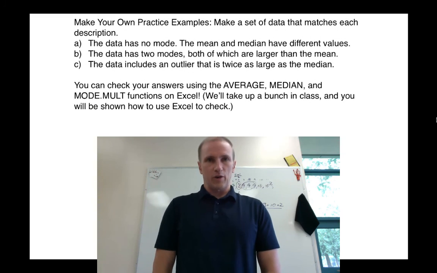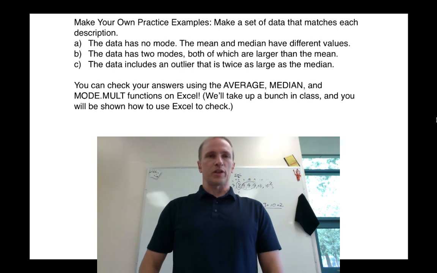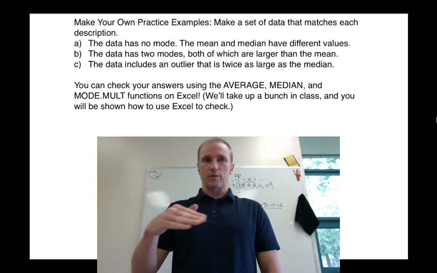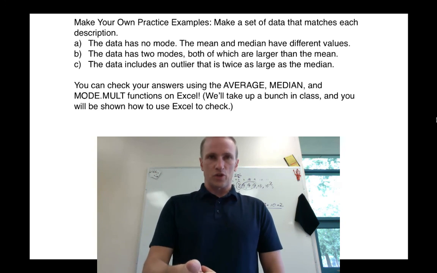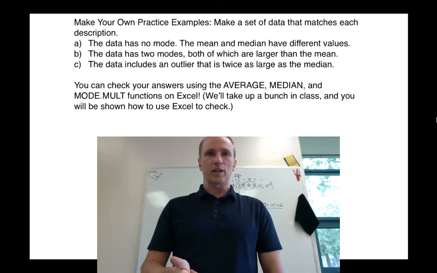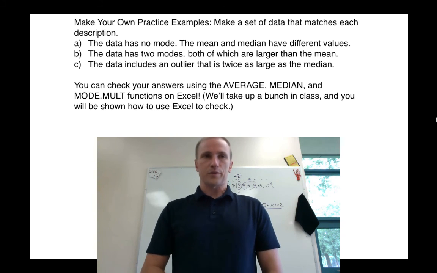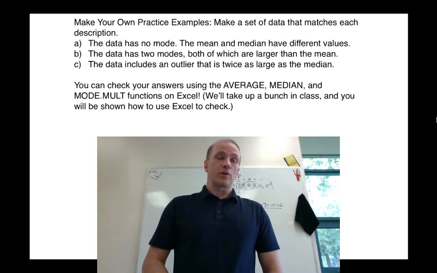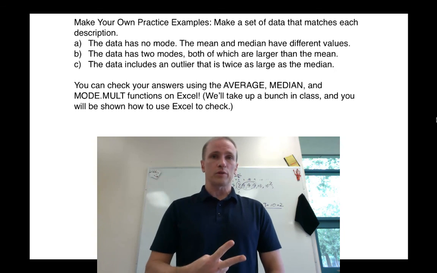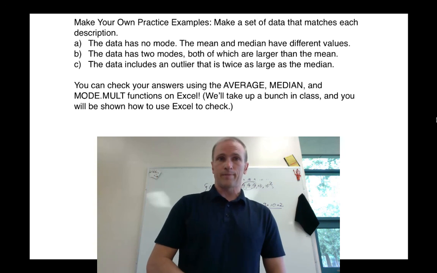So I want you to make your own practice examples that match the criteria. So first set of data, the data has no mode, and I want you to make the median and the mean different values. Then make a new set of data for which you have 2 modes, both of which are larger than the mean.